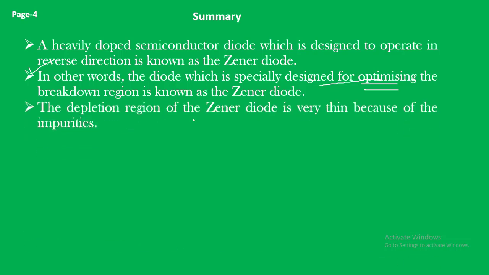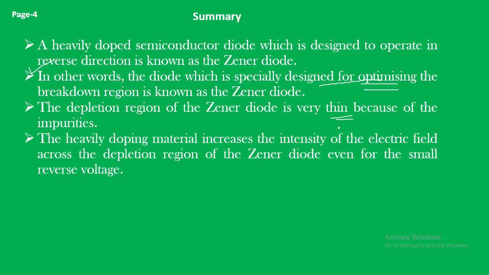The depletion region of a Zener diode is generally very thin because of the higher concentration of impurities, and heavy doping increases the intensity of the electric field across the depletion region, even for a small reverse voltage.